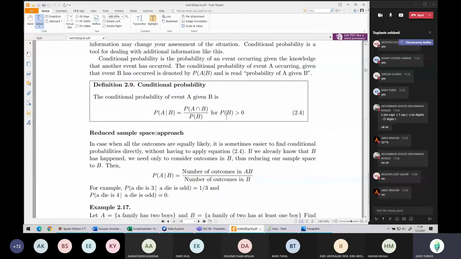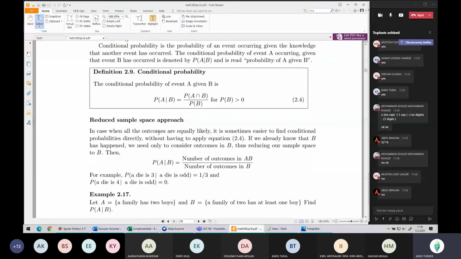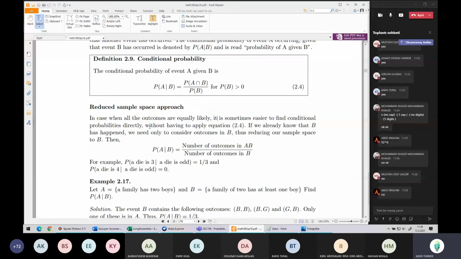We have also a reduced sample space approach for this type of questions. In case when all the outcomes are equally likely, it is sometimes easier to find conditional probabilities directly without having to apply this equation.